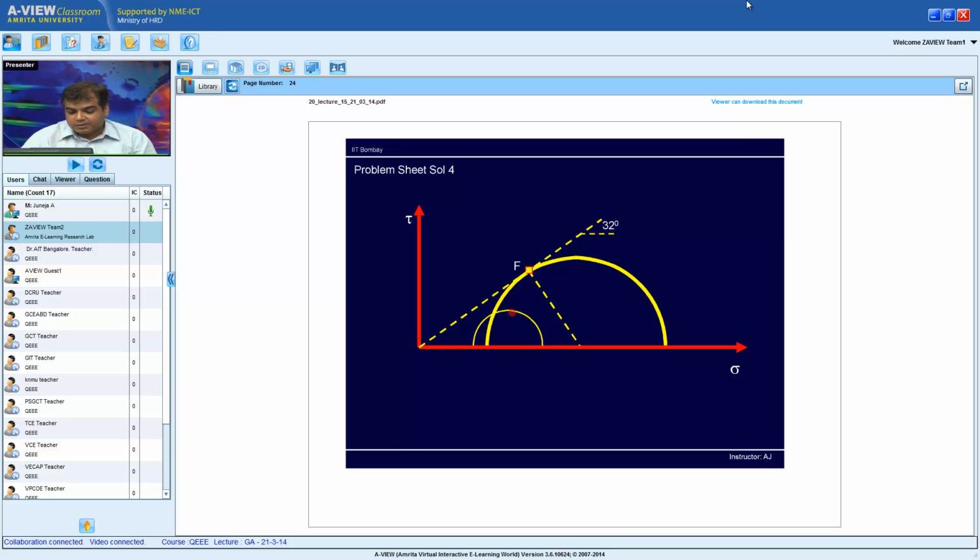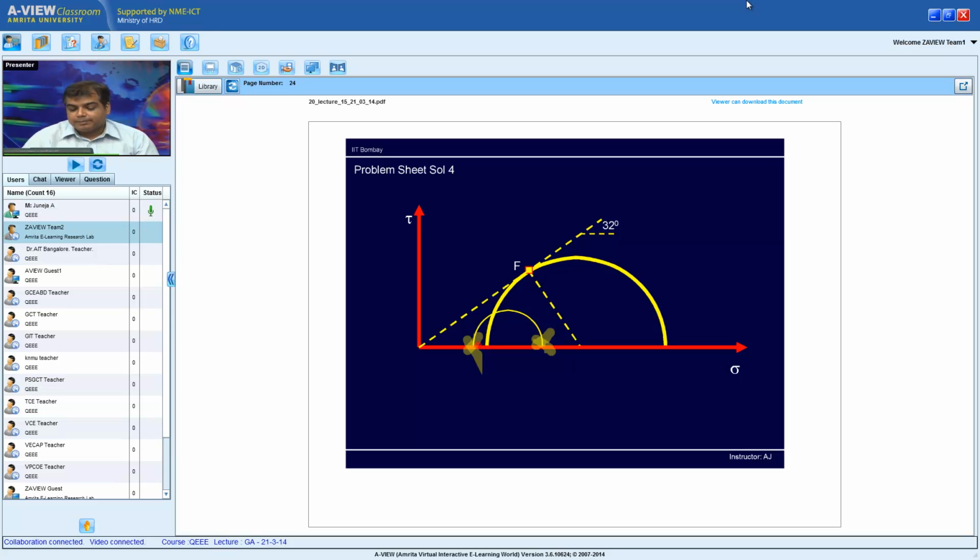This gives me the Mohr circle when the test was just started, meaning there was no horizontal load, only vertical load was applied. So when only vertical load was applied, this value over here was my major principal stress value.